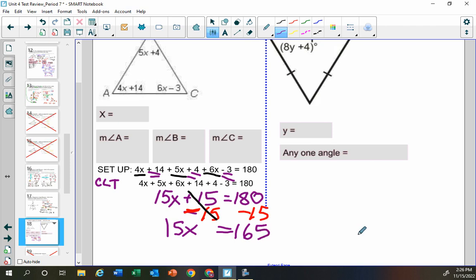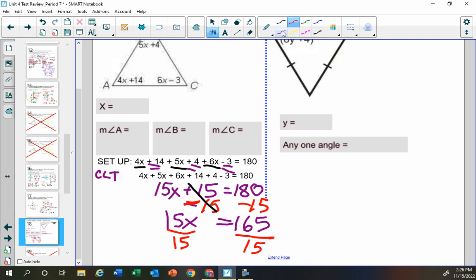And then we do what? Exactly, milady. Good. So then our x would equal what number? X is 11.